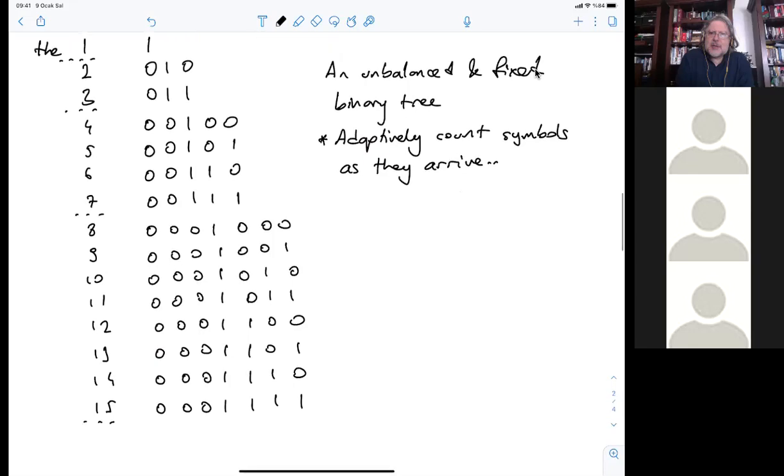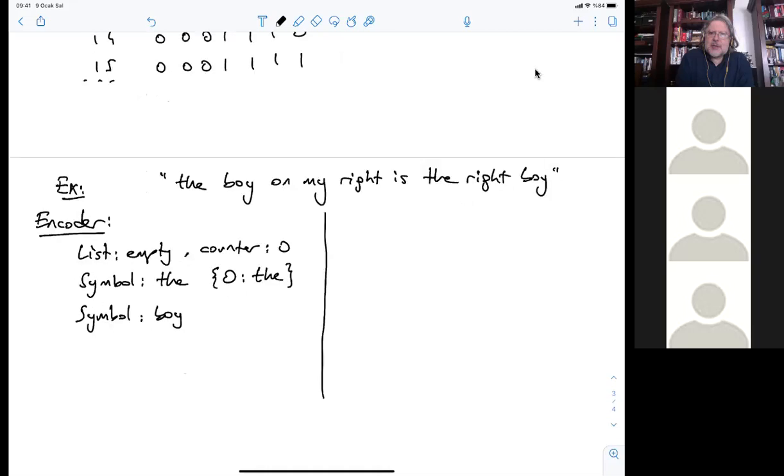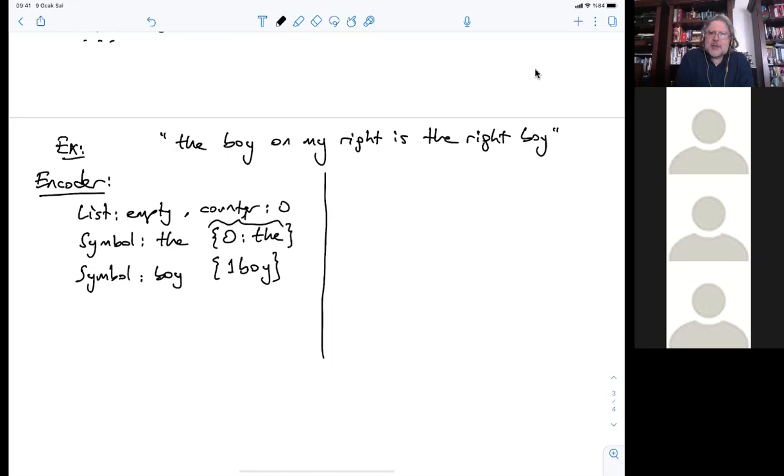Now the second symbol is "boy", and so we must emit a code like this: 1, boy. This is, by the way, the list, and I'm going to illustrate the list.